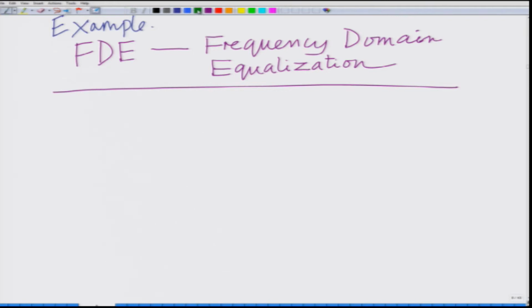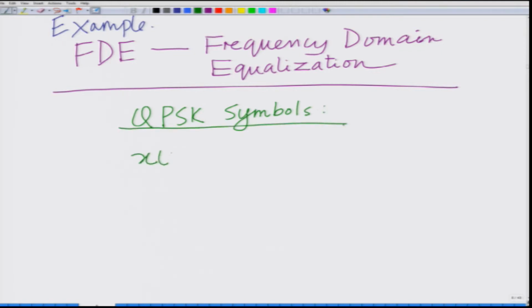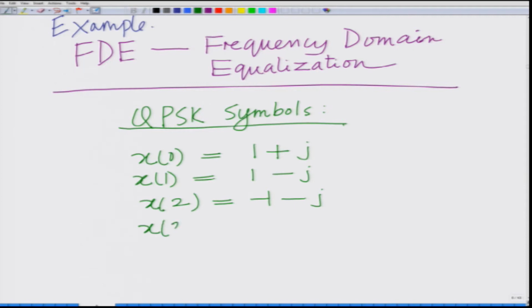We are going to consider QPSK, or quadrature phase shift keying, symbols, which are x0 equals 1 plus j, x1 equals 1 minus j, x2 equals minus 1 minus j, and x3 equals 1 minus j.